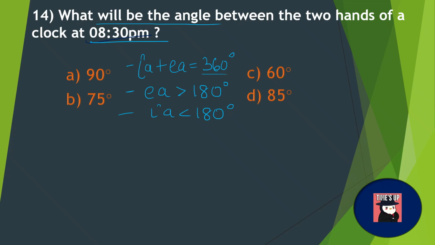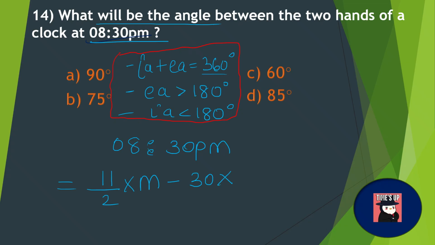Okay, so we will solve 8:30 p.m. What is the formula? 11 by 2 into minutes minus 30 into hours. 11 by 2 into minutes, which is 30, minus 30 into hours, which is 8.